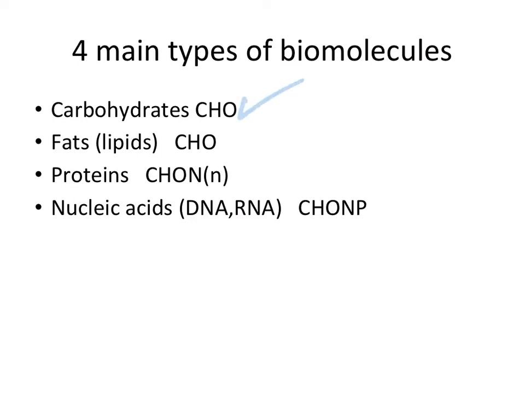So we got those done. These are the two that we're going to be looking at in this presentation. Again, HONC, carbon, hydrogen, nitrogen, you'll see for proteins. They're basically all the same in terms of that. And then the thing that's a little bit different with nucleic acids is you have a phosphate that's added.